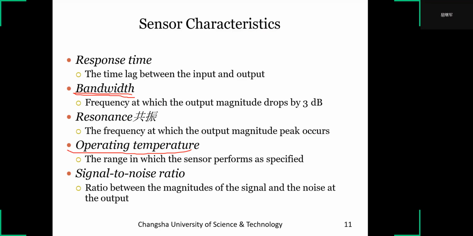Signal to noise ratio is the ratio between the magnitude of the signal and the noise at the output.